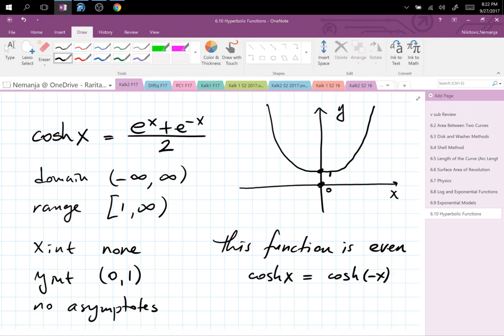Their definitions are in the textbook. Depending on who's teaching differential equations and so on, you might run into one of these. But these are their definitions. It should be common sense that they are ln's, because the main hyperbolic function is defined in terms of e's.